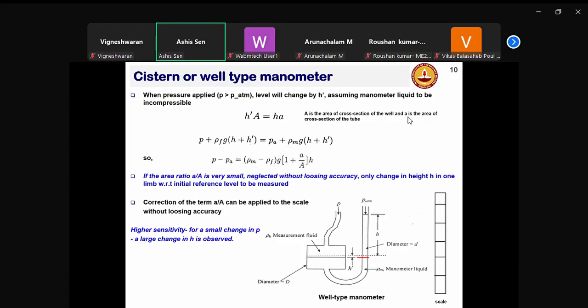And here you can achieve higher sensitivity because for a small change in P, since this area of cross-section is large, P into A is going to be large, right? And so that is why you can get an appreciable height here, which can improve the sensitivity of this manometer.